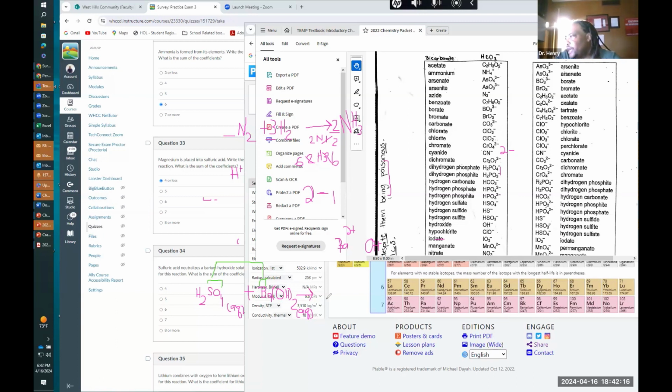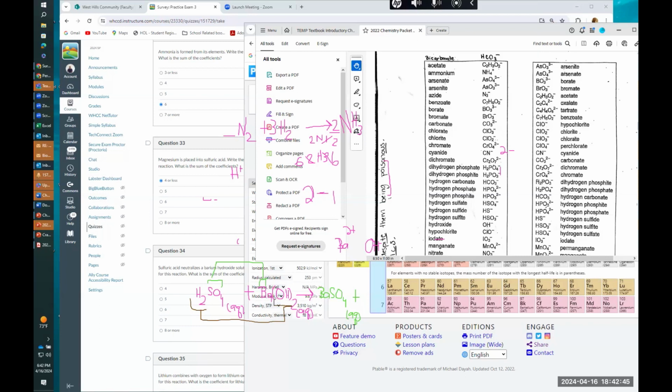So in that case, we're going to get barium sulfate, BaSO4, plus, and that's aqueous. Plus, in the other case, we're taking the hydrogens and the hydroxides and putting them together.